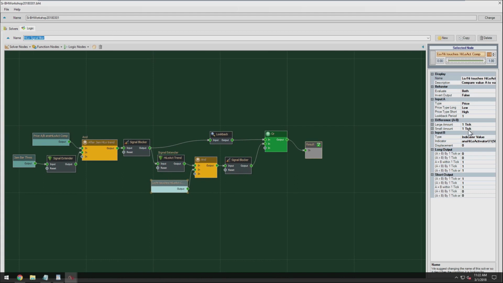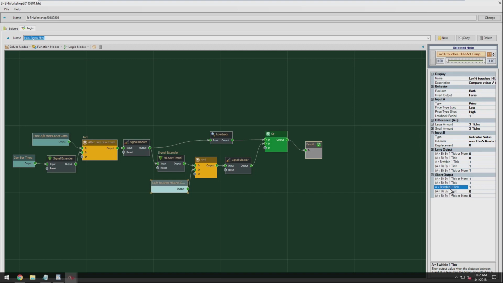There we go. And remember I had put in 1 tick. So let's adjust this 1 tick difference to a 3 tick difference. There. Okay, so now this A equals B is now within 3 ticks.